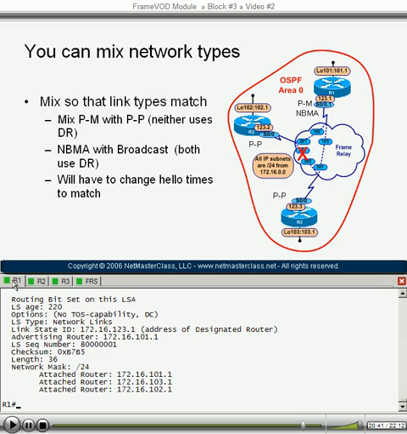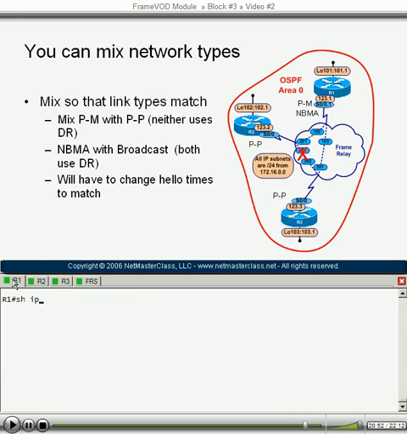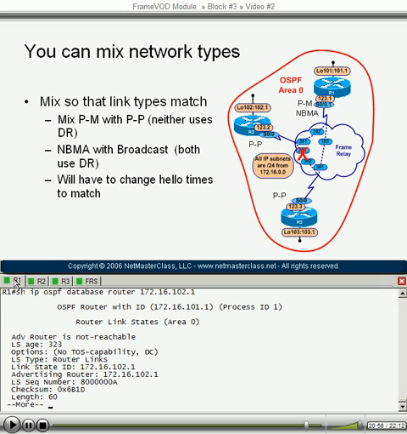The network LSA lists all routers adjacent with the DR, and all the routers are listed here. Let's check the router LSA from R2. Note that the first line says advertising router is not reachable. This means that the information in this LSA cannot be used.